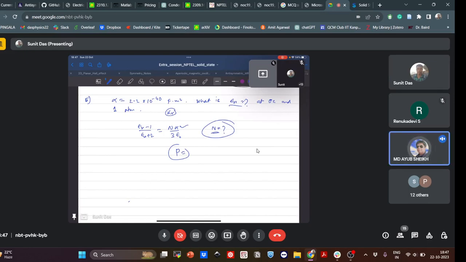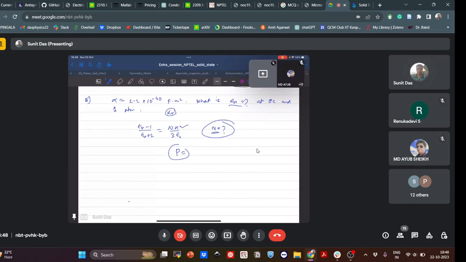Sir, please check its final result. They have taken the polarizability only as 2 into 10 to the minus 40, but in the question it is given as 2.2. The result differs, and the actual result does not come in the solution.